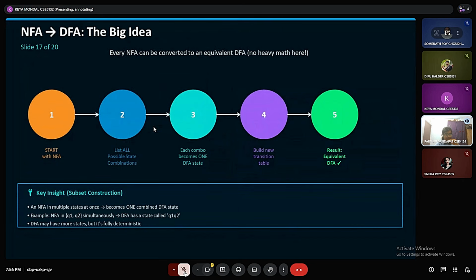Key insight, subset construction: an NFA in multiple states at once becomes one combined DFA state. Example, NFA in Q1, Q2 simultaneously, DFA has a state called Q1,Q2. The DFA may have more states, but it's fully deterministic. Here, go to the next slide.